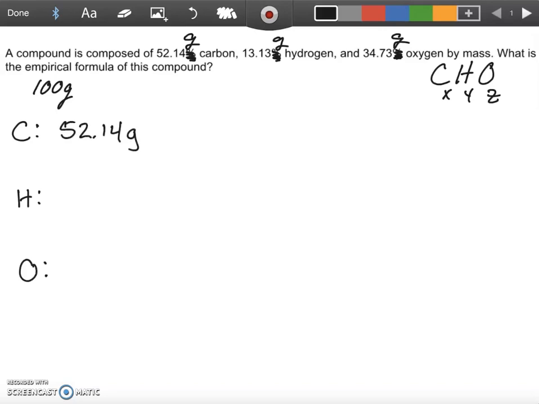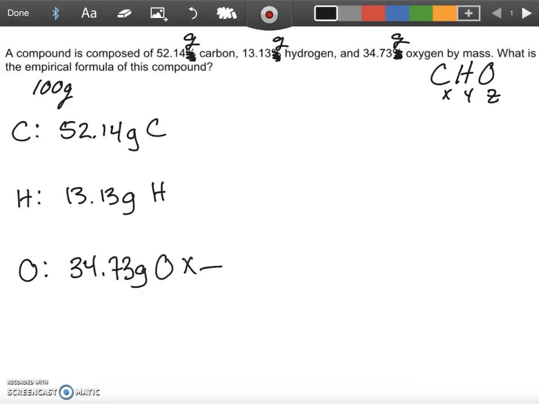52.14 grams of carbon, 13.13 grams of hydrogen, and then 34.73 grams of oxygen. Okay, now we're converting these to moles, so guess what you're going to need? The molar mass.